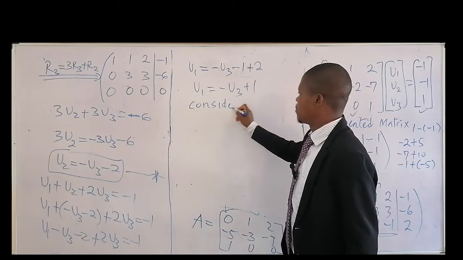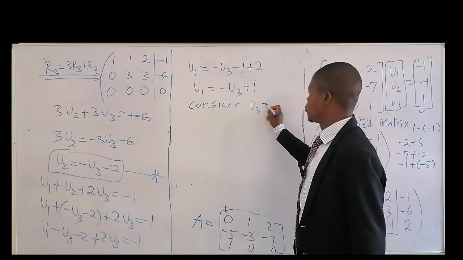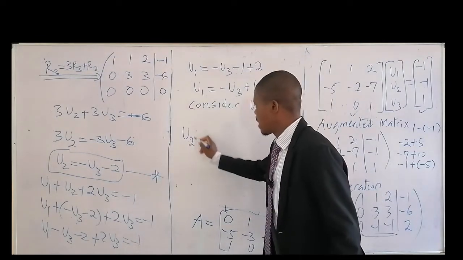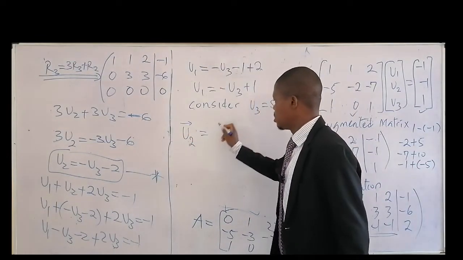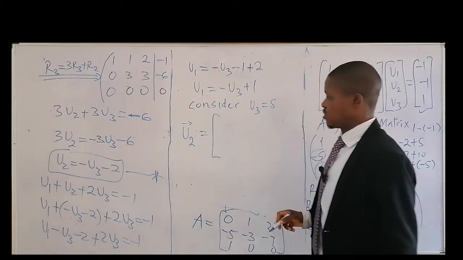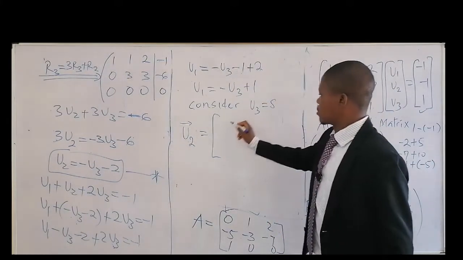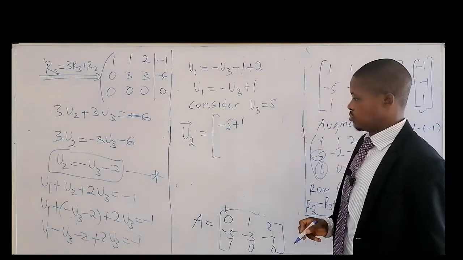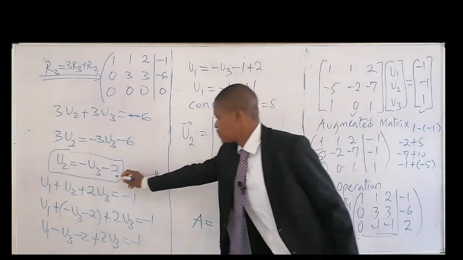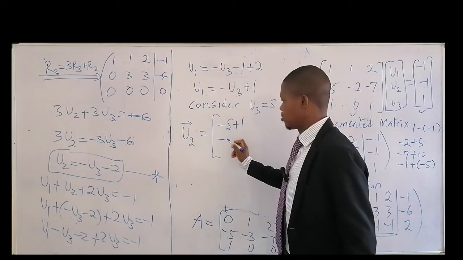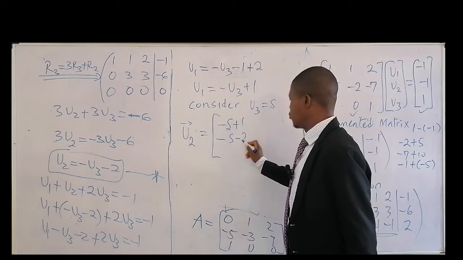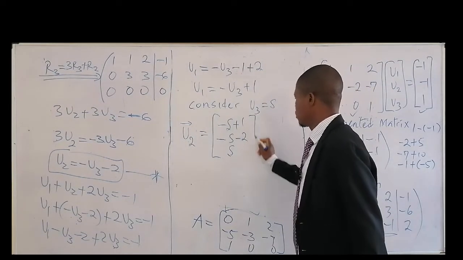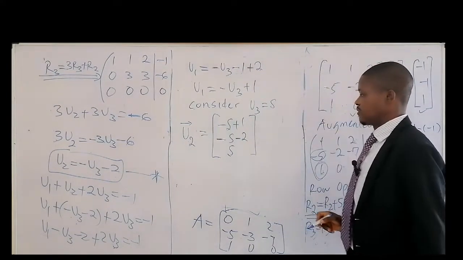Let us consider u3 to be x. So the second eigenvector will be: u1 is minus x plus 1, u2 is minus x minus 2, and u3 is x. Okay, so that's what we have now.